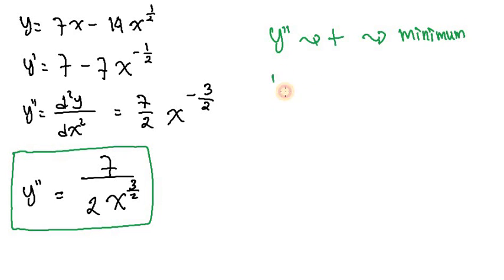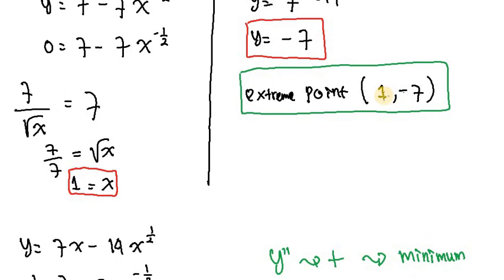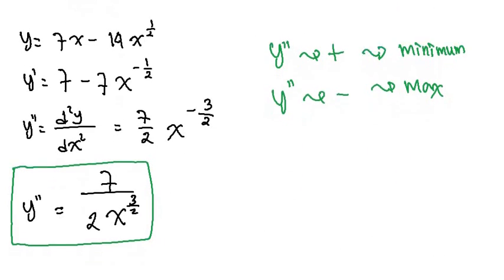If the second derivative is negative, then it will be the maximum point. You just need to input the value of x. In this case, our x was 1.